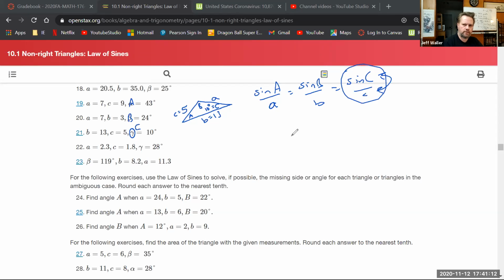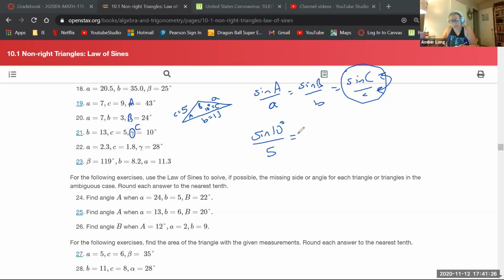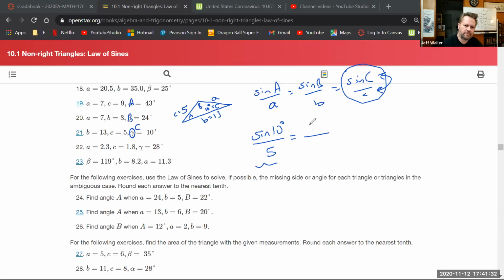So I can make sine of 10 over 5. And now I can set that equal to, what's the only other one I can really work with at the moment? Angle B. B, that's because A, I don't know anything about. So I need a complete set, and then I need something just missing one thing. So here I can put sine of B over 13.